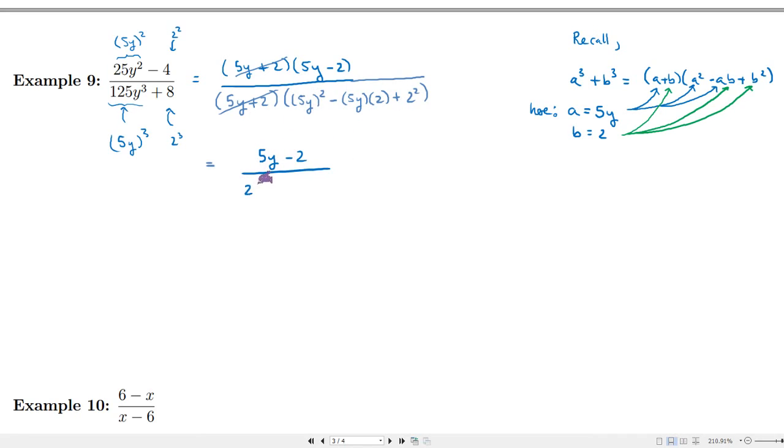This is 25y squared minus 10y, and then plus 4. And this will be our answer. All right. There's no way to further reduce this, okay? Otherwise, I would have given that to you over here as part of the general formula.